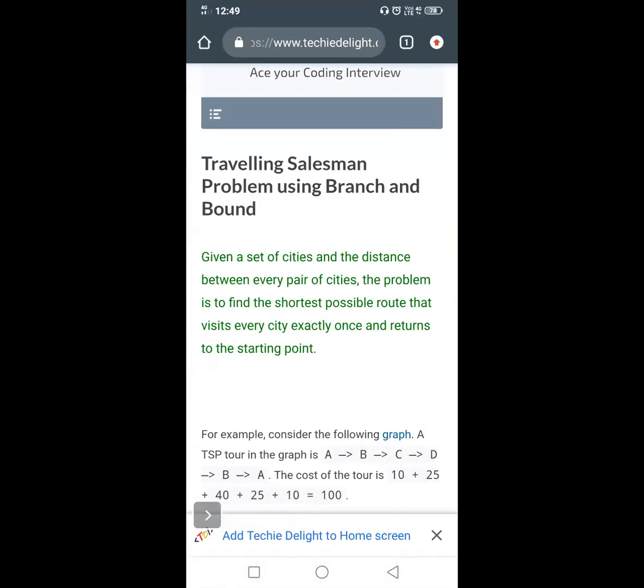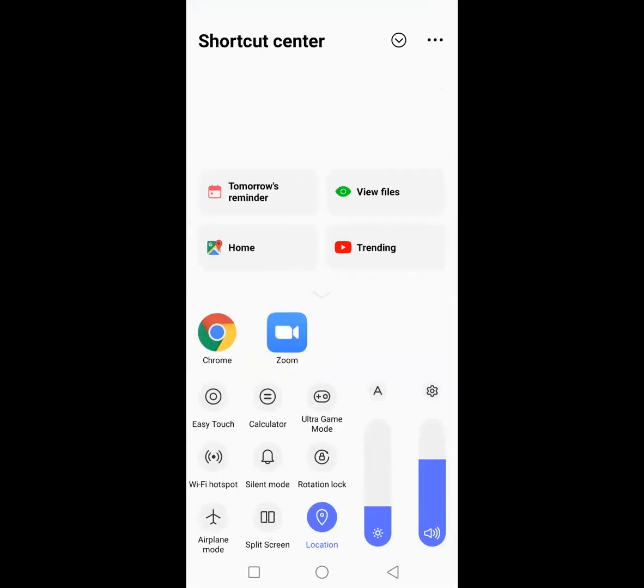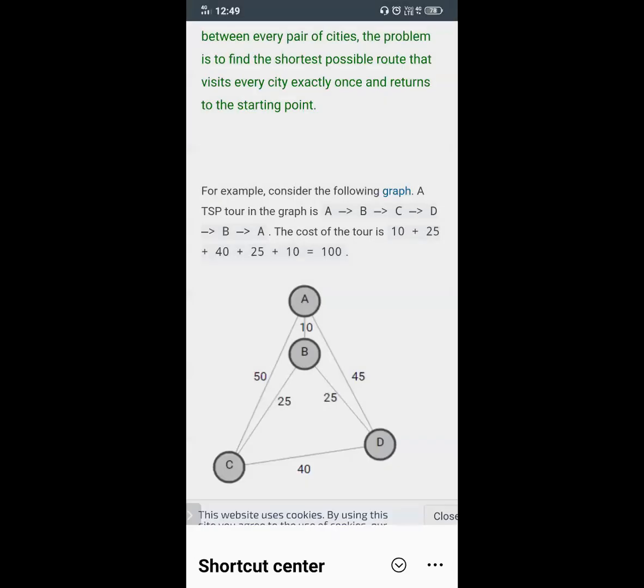Today we will discuss the traveling salesman problem.